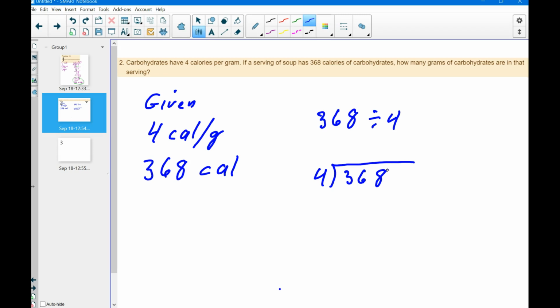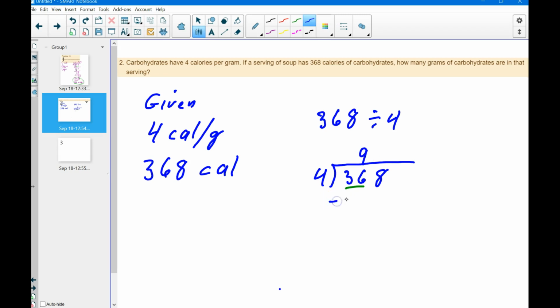So when doing it the long way, the 4 cannot divide into 3, right? So I go to 36. How many times? Because the 3 goes 0 times, right there. But how many times can 4 divide into 36? Good one. 9 times.